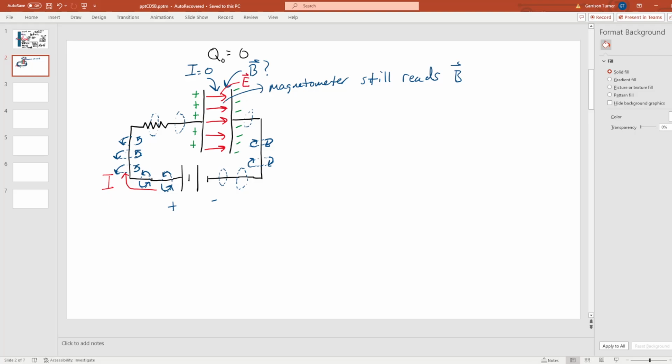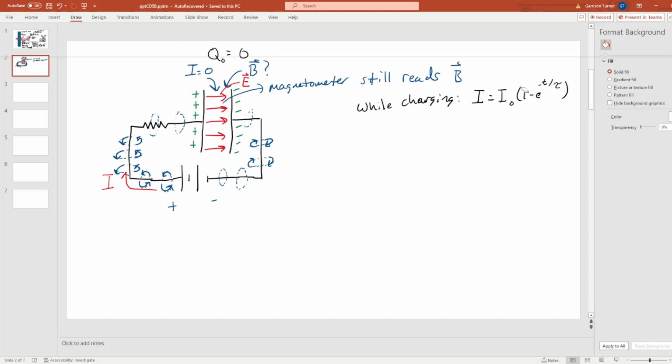Okay? But because Q isn't constant and the potential across the plates isn't constant, at least while the plates are charging, that means E is not constant. Oh, nope, that's not correct.